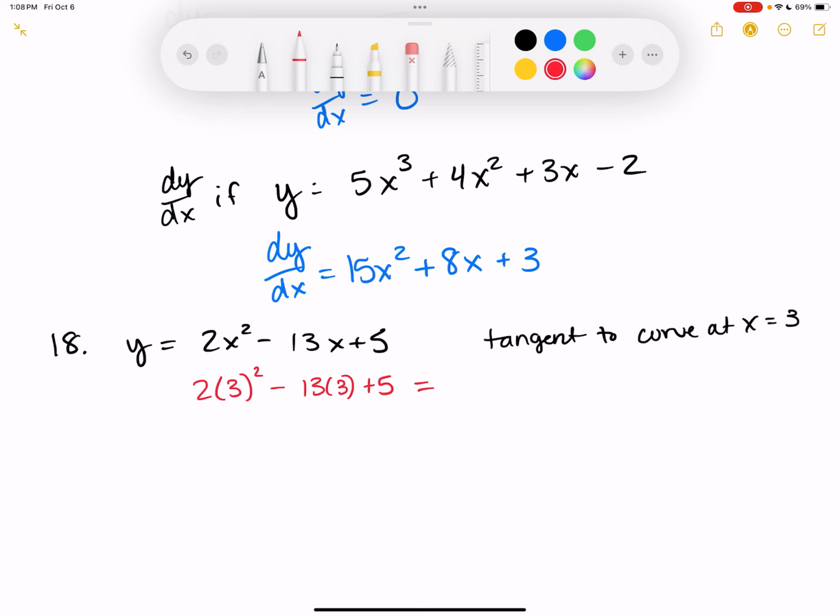What does that give us? Negative 16. All right, so now I have my point, because eventually I'm going to be finding the tangent line at 3 and negative 16. But now I need to find the slope. To do that, I'm going to be taking the limit as x approaches 3.